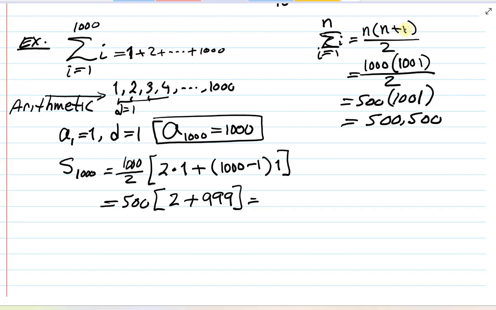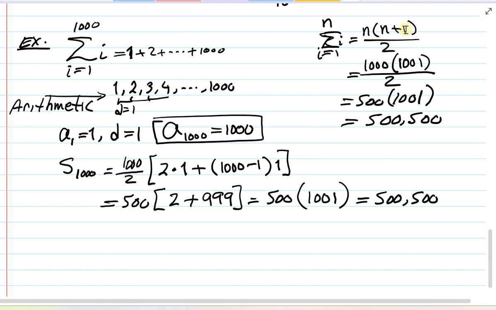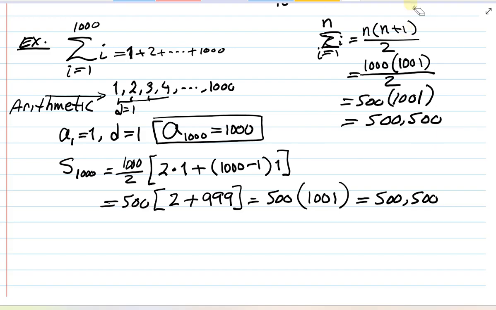And 2 plus that makes 1,001. And check this out. Isn't that cool? They look the same now. So this is 500, 1,000, and 500, just as it was in the previous section. Two different approaches, two different ways. One using a formula. The other one is viewing the series as an arithmetic series.